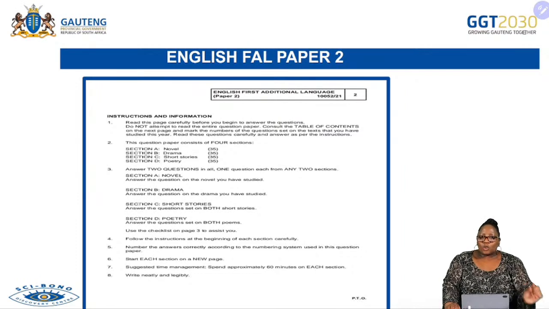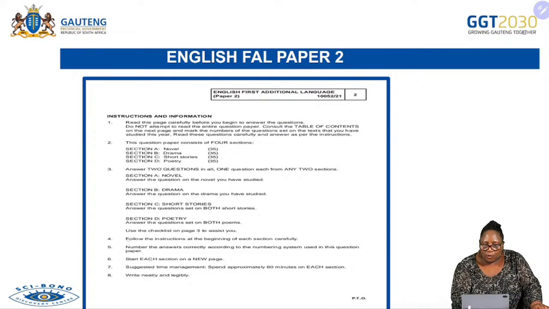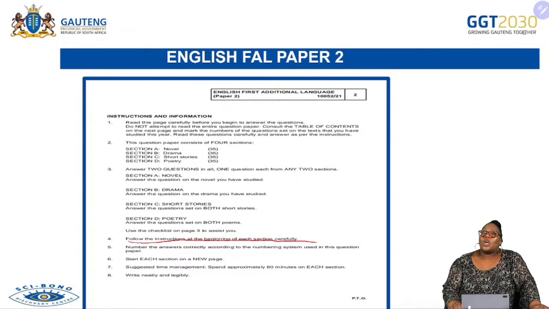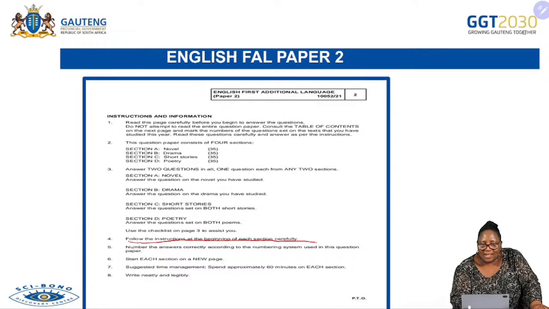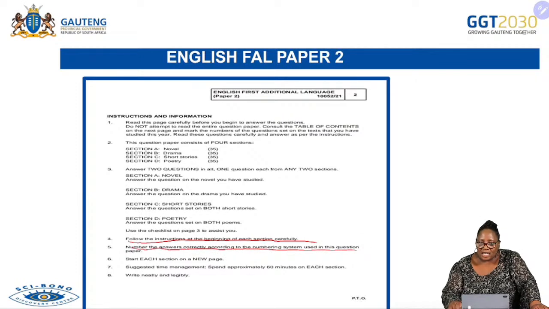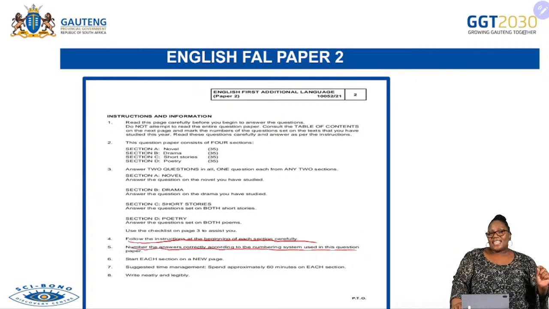There's also an indication that you have to follow the instructions at the beginning of each section carefully. You must also number the answers correctly according to the numbering used in the question paper.